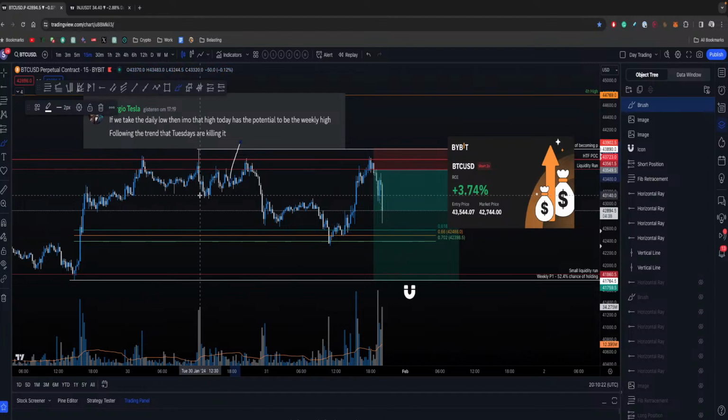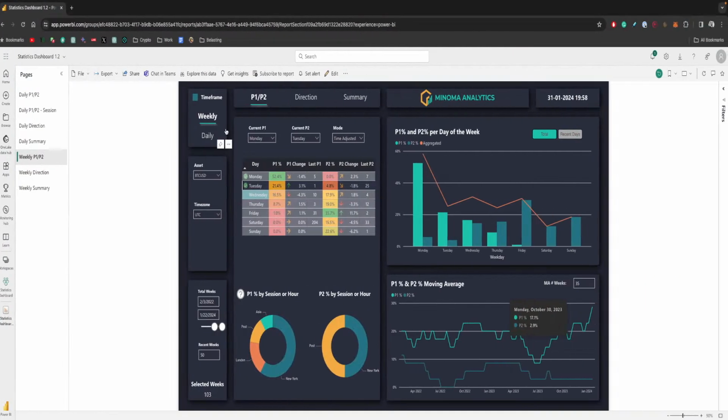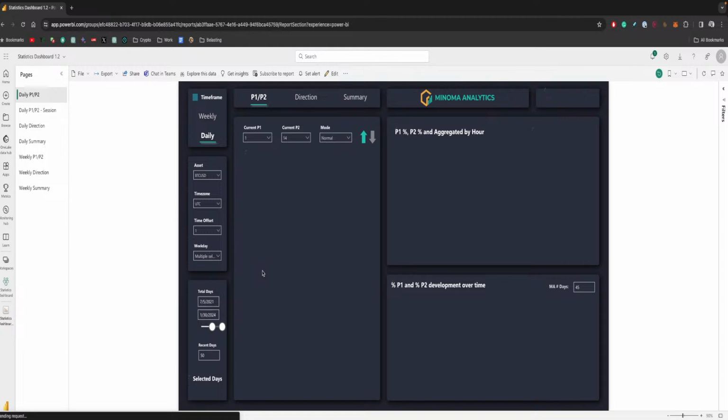Here. Because 2 p.m. is usually a good time. I actually longed this. 2 p.m. is usually a pretty good time to put in the daily low or high, the P1, especially lately. You can see that here.